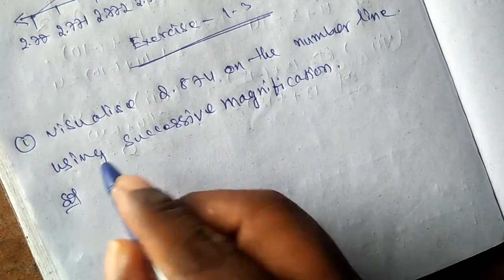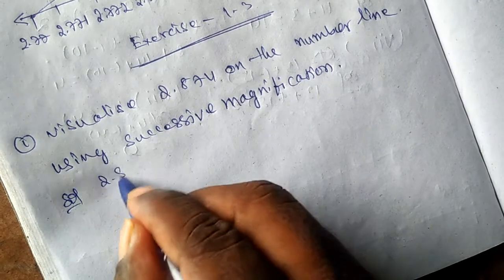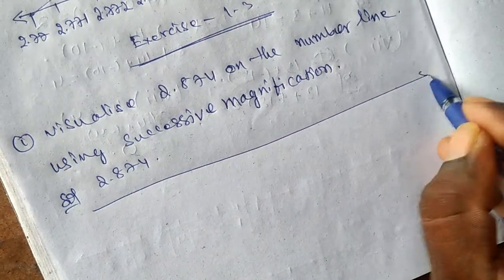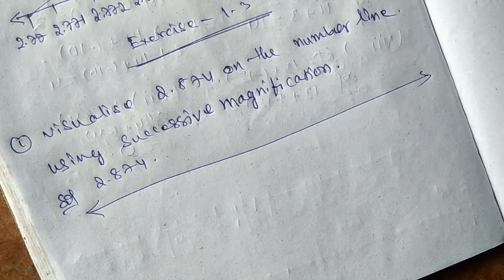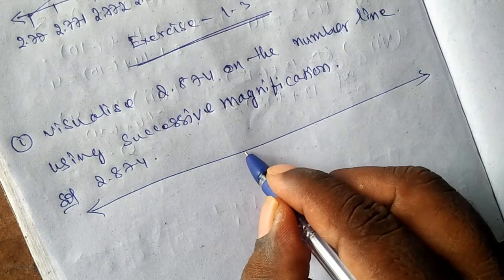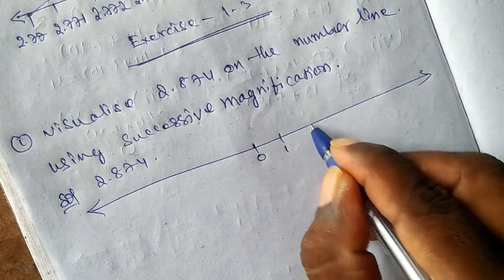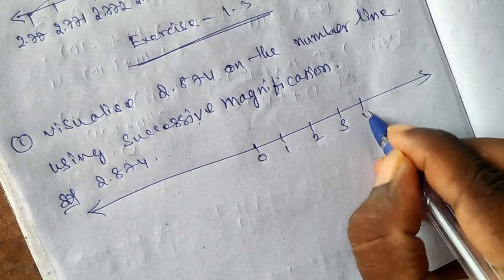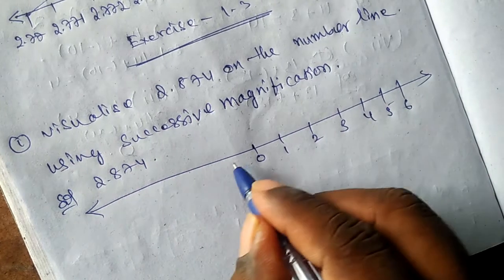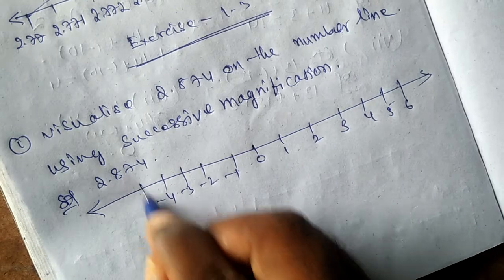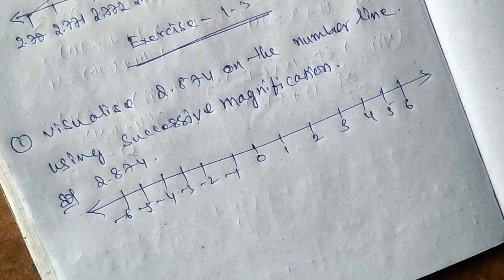Solution. What is the given number? 2.874. First of all, draw a number line. You should draw with a pencil. At the center we have 0. On the right-hand side are positive numbers 1, 2, 3, 4, 5, 6, and on the left-hand side -1, -2, -3, -4, -5, -6.